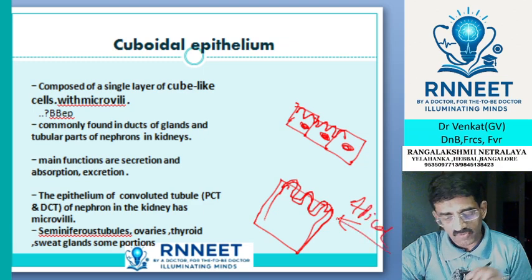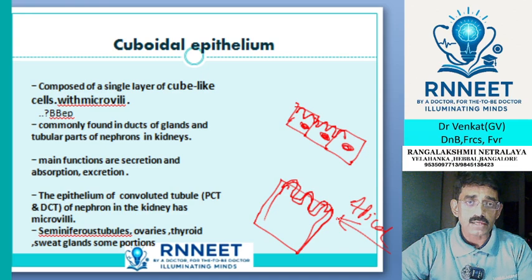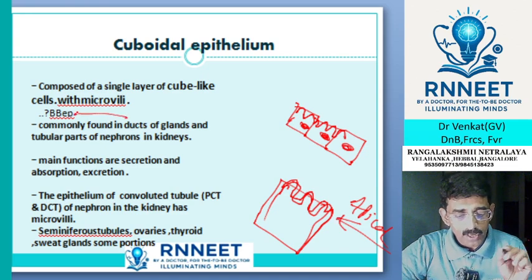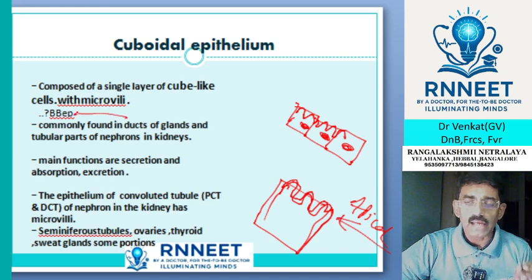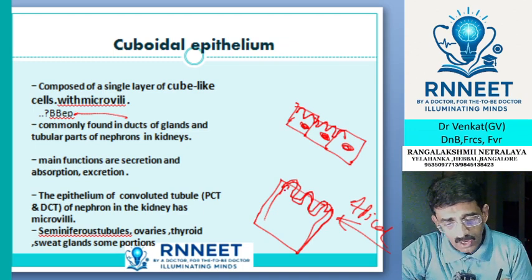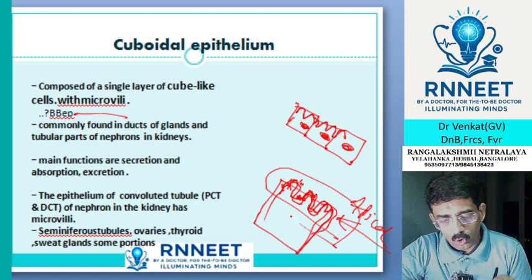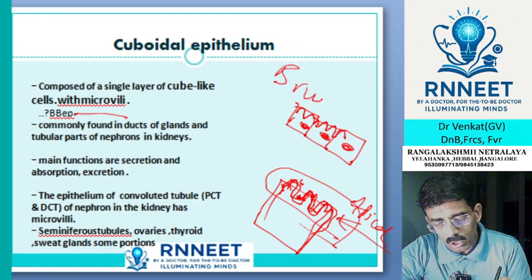The apical surface shows these multiple bendings, and so they are called microvilli. And these microvilli create an appearance as though they are having a brush at the tip. They appear like a small brush at that area, and so that's why they are called brush border cells.